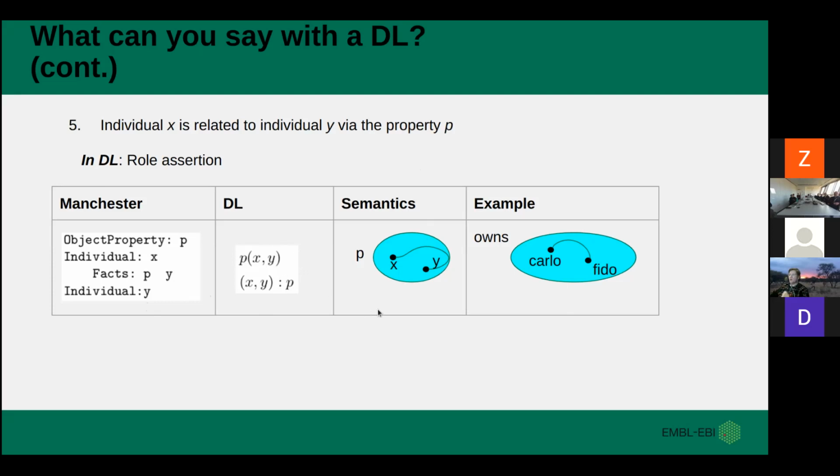If you try to represent this as a Venn diagram, you have x is related to y, and this will be a set of many of these relations. An example would be Carlo owns Fido.